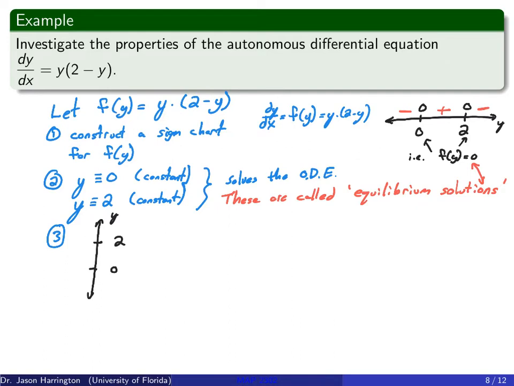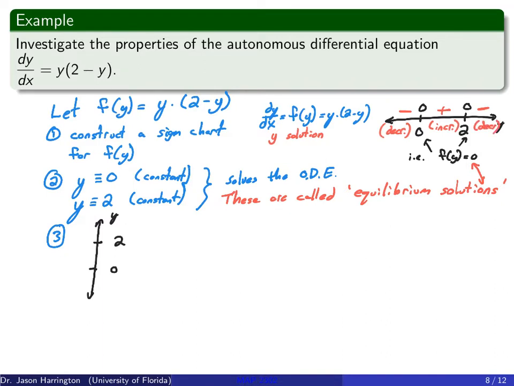But what does this actually say about the solution? y, of course, is the solution. If the derivative of the solution is negative, then it's decreasing. If the derivative is positive, the solution should be increasing. And if the derivative is negative, the solution should again be decreasing.